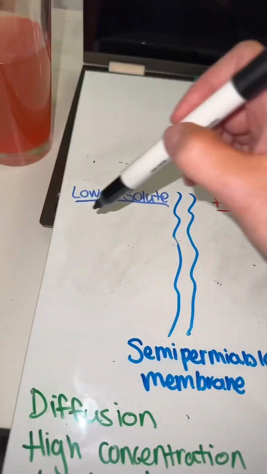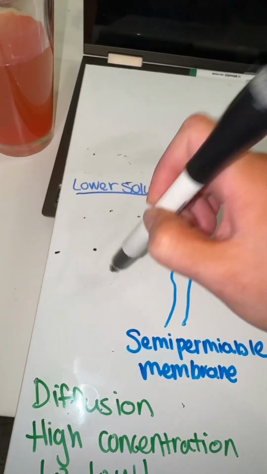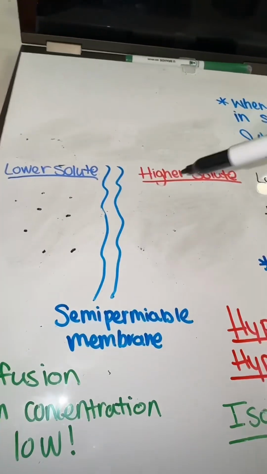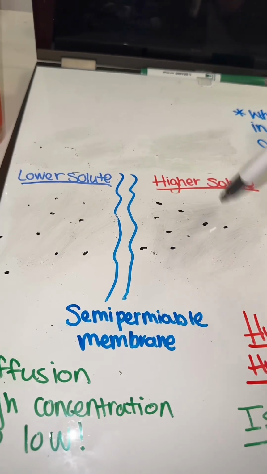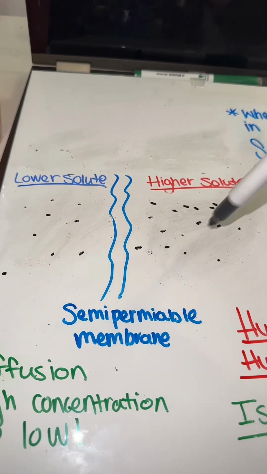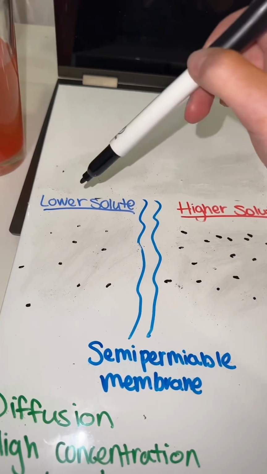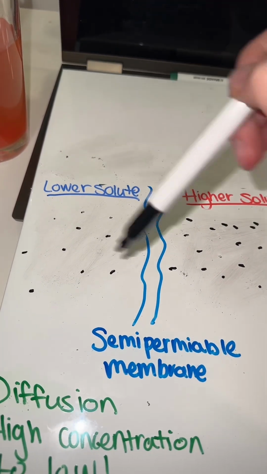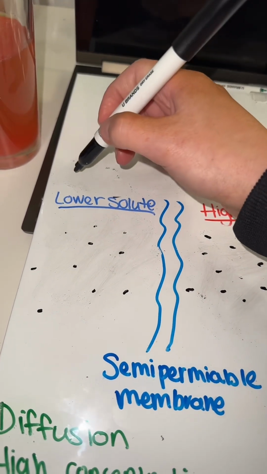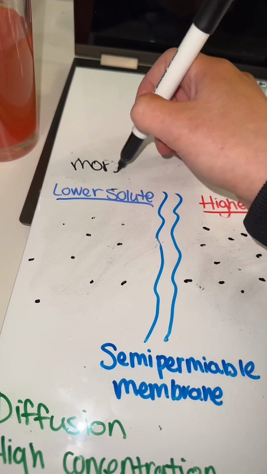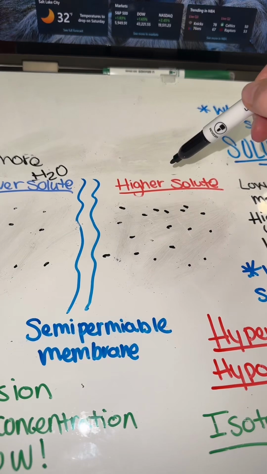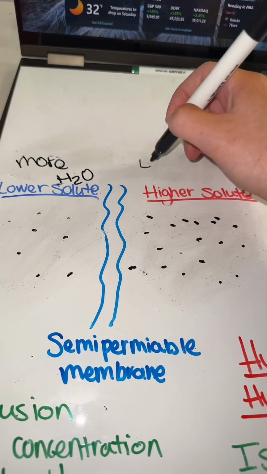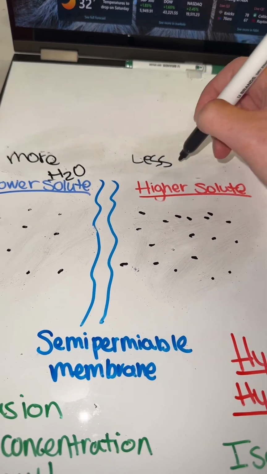Okay, on this side, I'm going to have a lower solute, which would be like my pre-workout in this scenario, and this side, I'm going to have a higher solute and pretend that I have more pre-workout on this side. So on the lower solute, because of all the open space, it's going to have more H2O. On this other side, I have a higher solute, so it's going to have less H2O in the mixture.